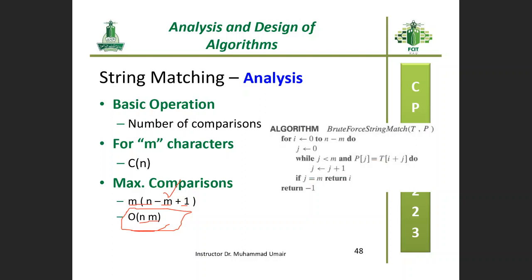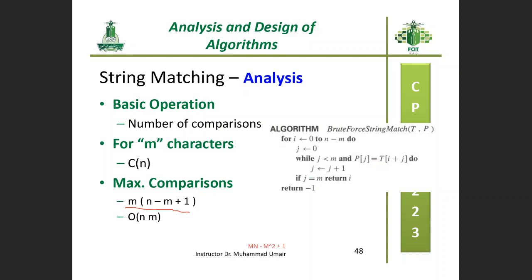I'm repeating it again because this is very important; it can create confusion about the rule which we have already discussed. When you simplify this expression, the result will be mn minus m raised to power 2 plus 1.